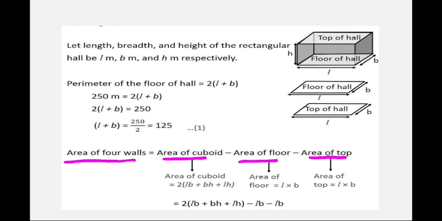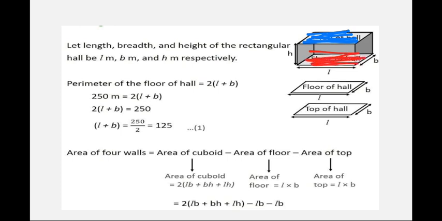When you have to paint 4 walls, you don't have to paint the top ceiling and bottom floor. So the area of 4 walls will be the area of the total cuboid minus the area of the top of the hall and the area of the bottom of the hall.